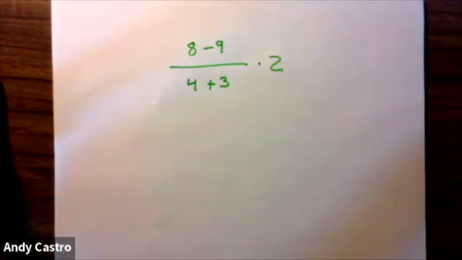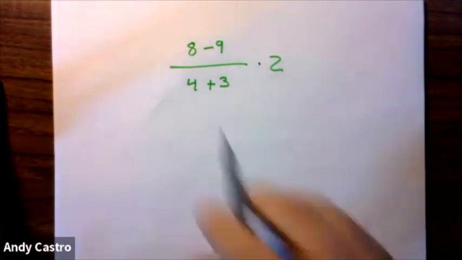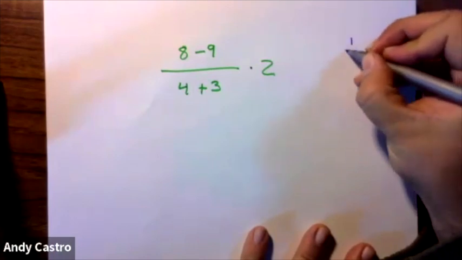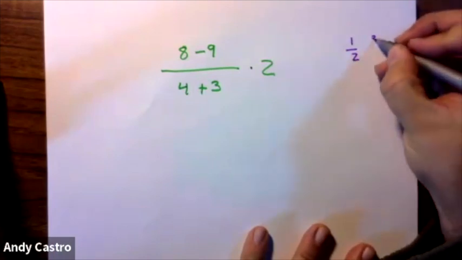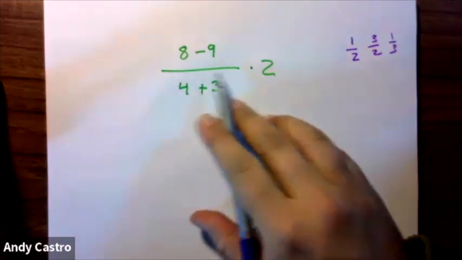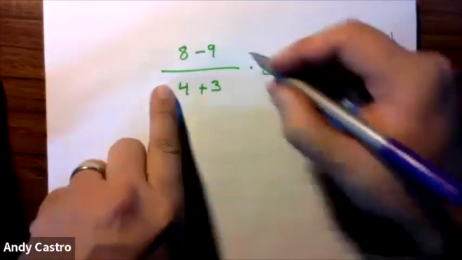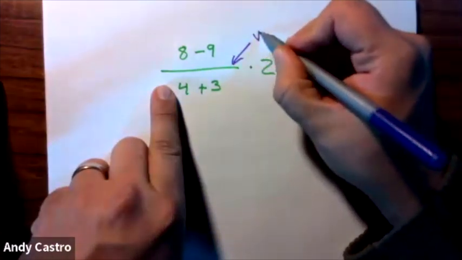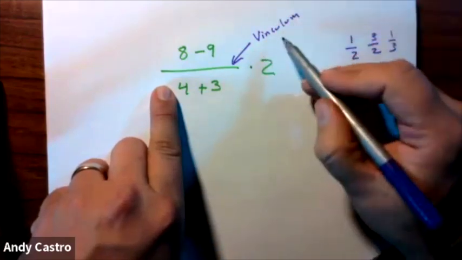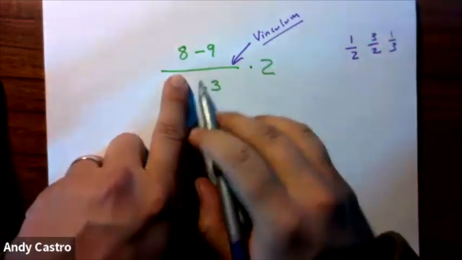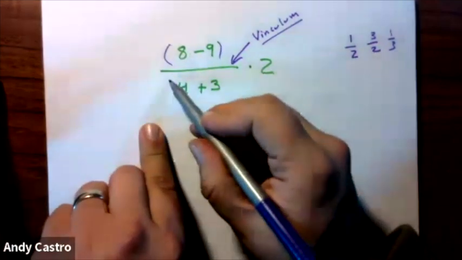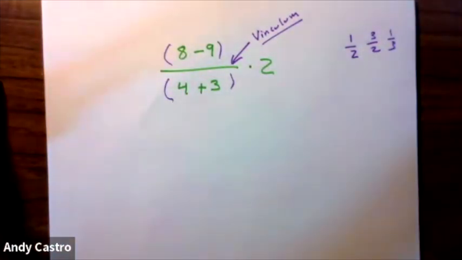So what's going on here? Now, a line like this is just like a fraction. So you've seen fractions before. You've seen 1/2, 3/2, 1/3, things like that. This line here is known as a vinculum. And it simply means everything above it is in parentheses and everything below it is in parentheses.